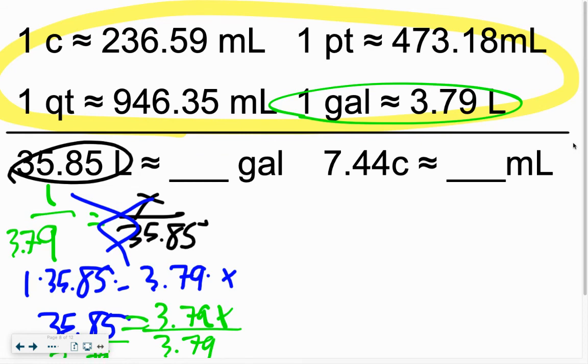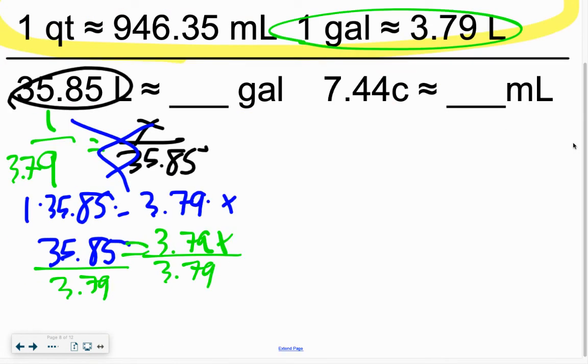And as you're looking at that, again, because it's approximately equal to, you're going to find that it does not come out very nice. So we get that answer of 9.4591, which isn't so bad. But again, rounding to the nearest second decimal place, the hundredths, gives us 9.46.